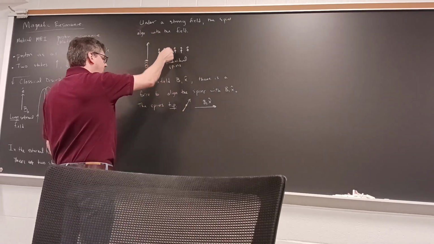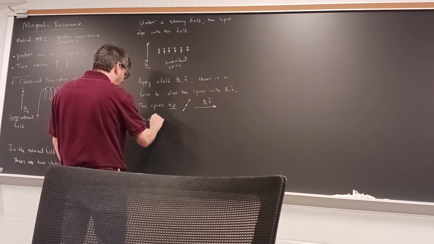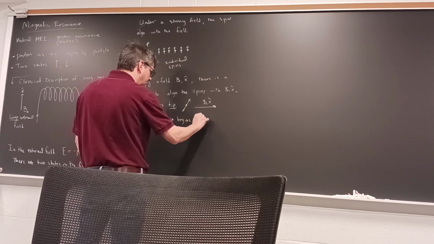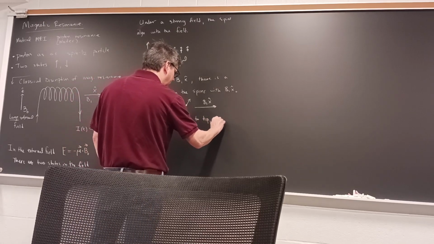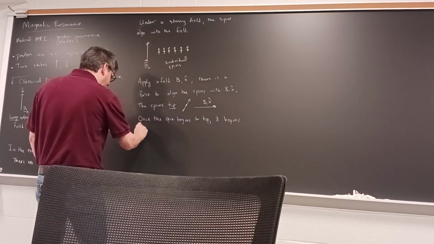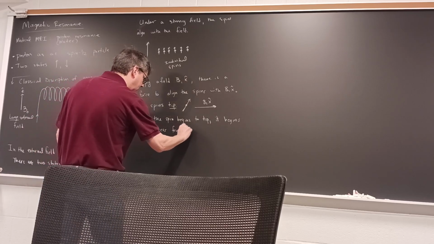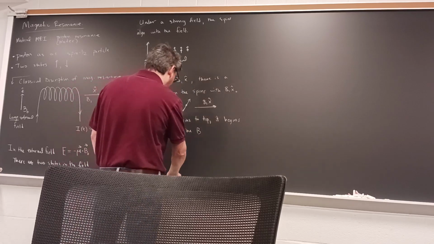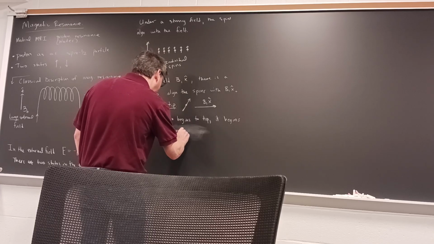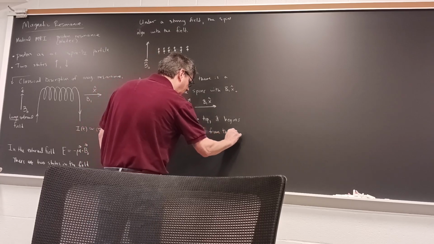Okay, so once the spin begins to tip, it begins to precess around the B0 field.